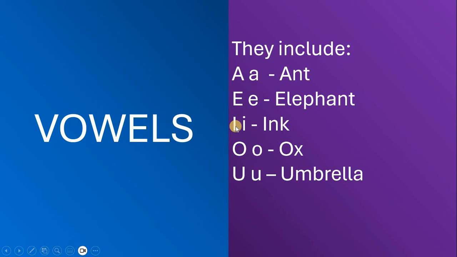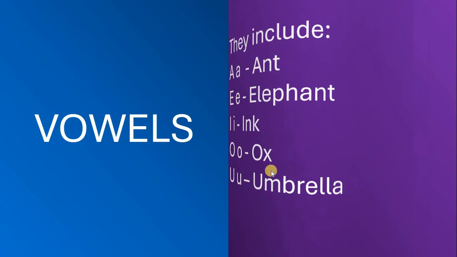Then we have i, found in a word like ink. Then we have o, found in a word like ox. Then we have u, found in a word like umbrella. We are going to see how these ones are used in making words.